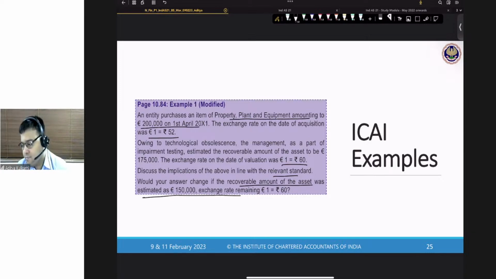Any answers? What is the impairment loss in the first case? What is the impairment loss in the second case?